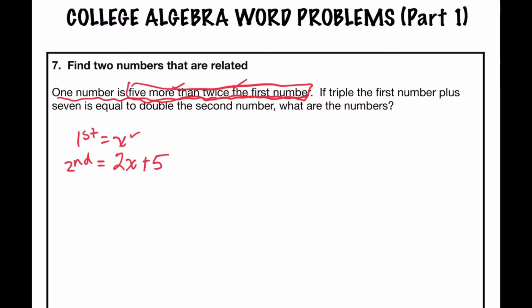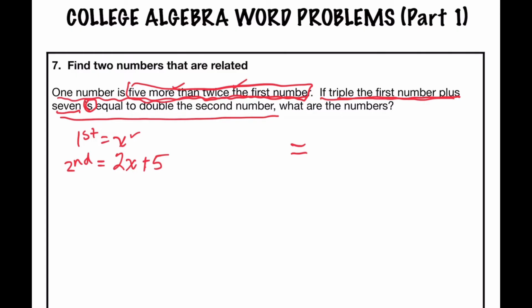Now I'm going to use translation to write my equation. It says if triple the first number plus 7 is equal to double the second number, what are the numbers? So just like I did in the first few problems, I'm going to find my word is. There's my equal sign, is. So the left side will be triple the first number plus 7. So the first number is x.